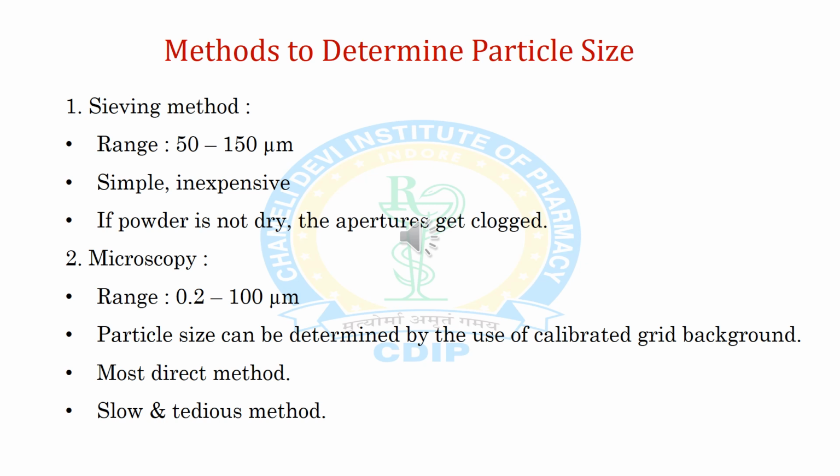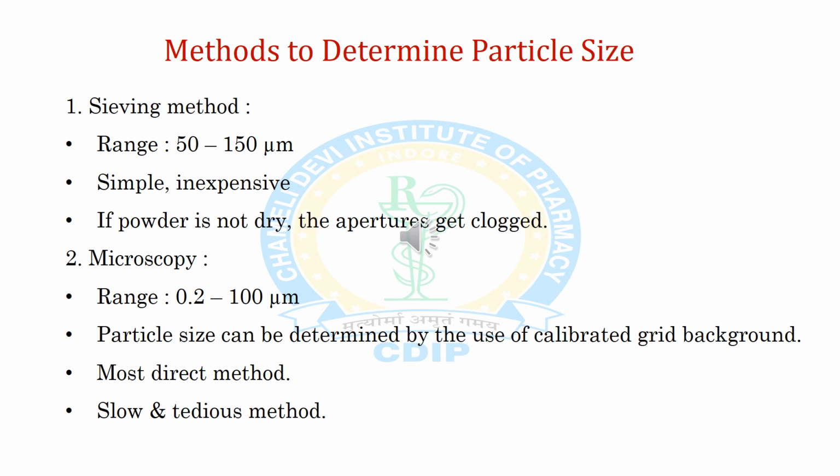Now the methods of determination of particle size. There are many methods to determine the particle size. First one is the sieving method, which is the simplest and most inexpensive method. However, only 50 to 150 micrometer size can be determined using this method.